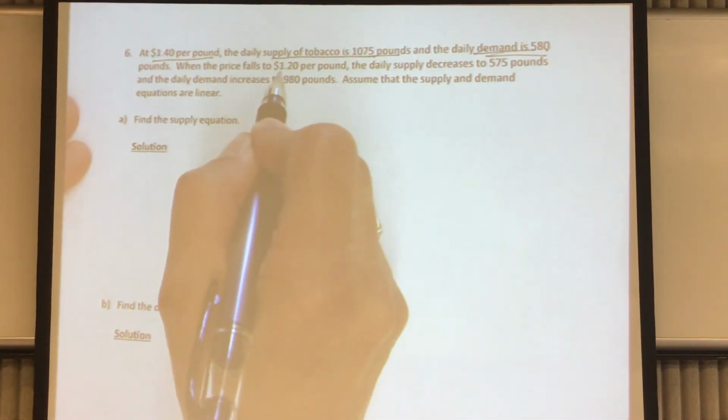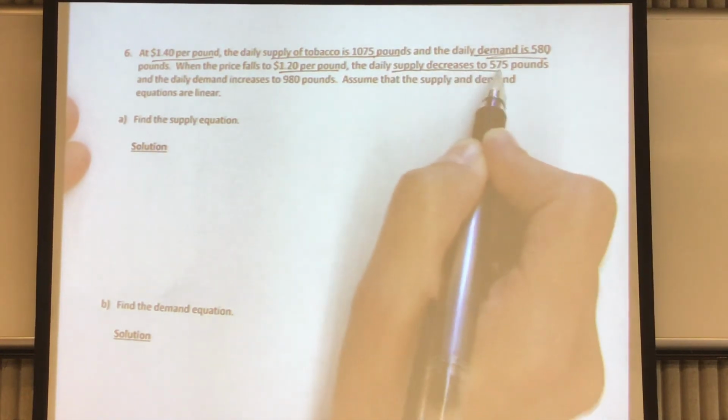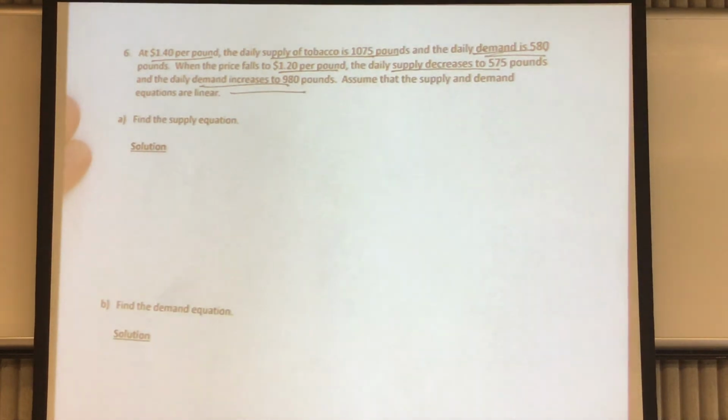When the price falls to $1.20 per pound, the supply decreases to 575 pounds and the demand increases to 980. So assume that the supply and demand equations are linear.